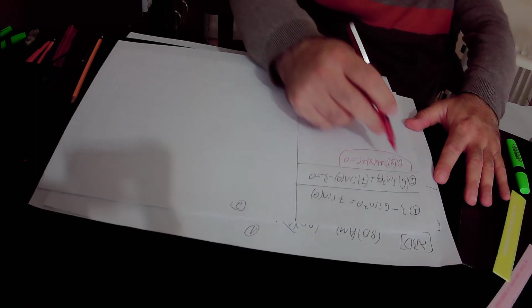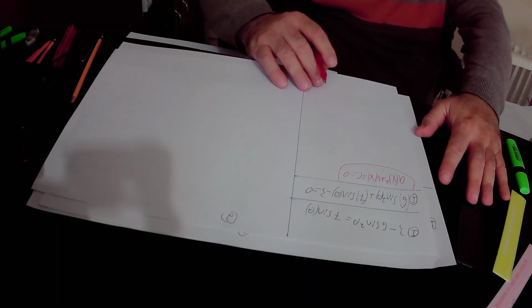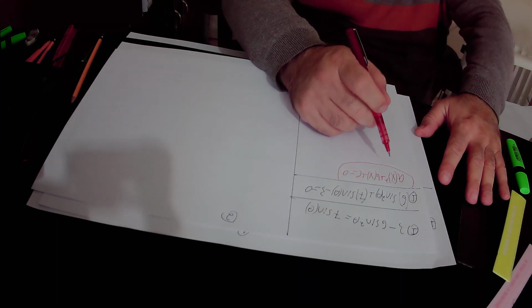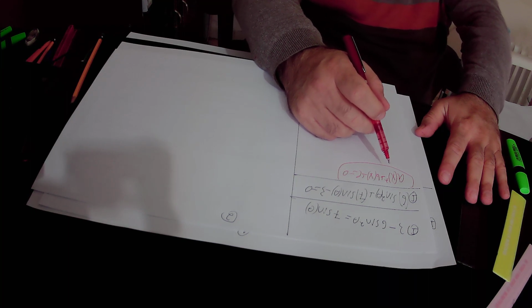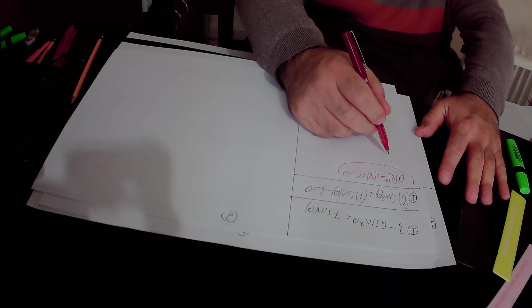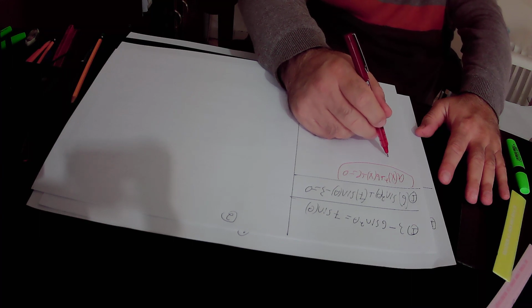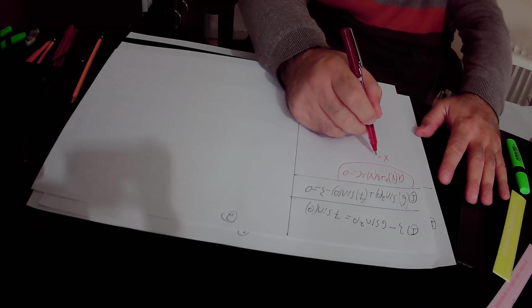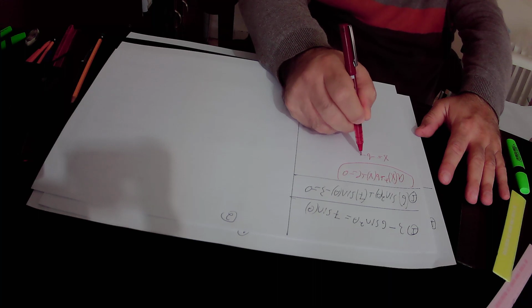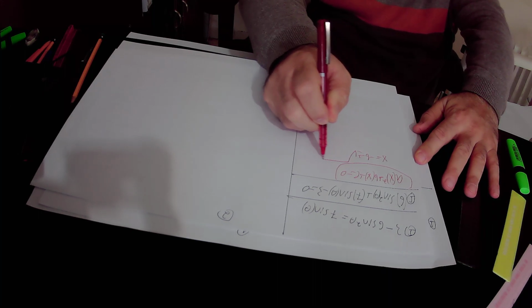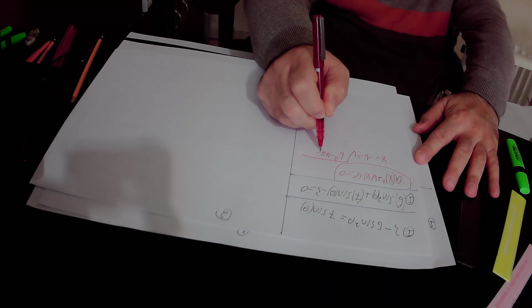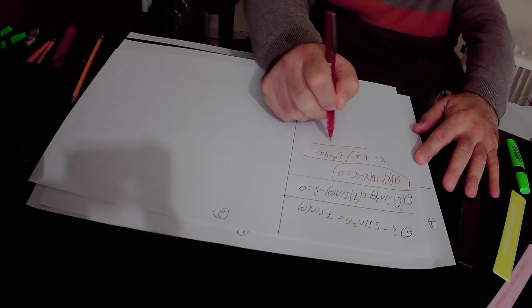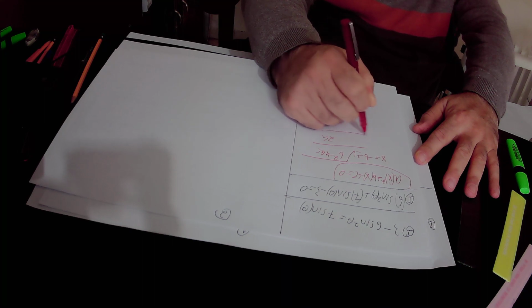In this general quadratic equation, a, b, and c are the coefficients, and x is the variable that we are looking for, and we will find the value of x according to a special formula. x is equal to minus b plus or minus the square root of b squared minus 4 times a times c, over 2a. Okay?